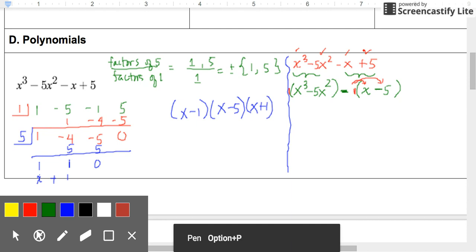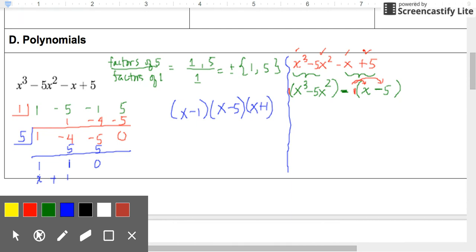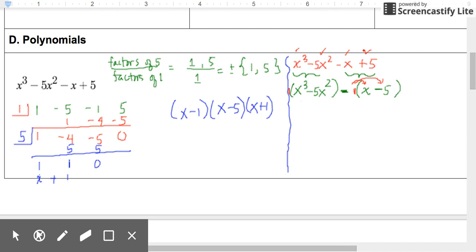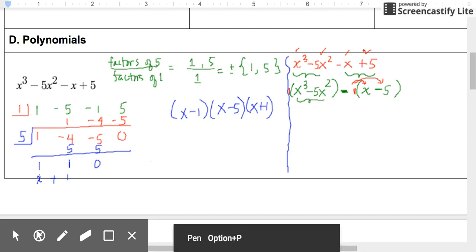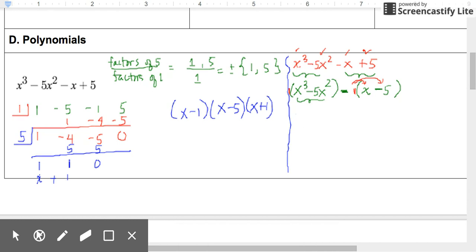So now we are going to look at each of these groups and find out if they have a common factor. Now, in these two, they have a common factor of x squared.